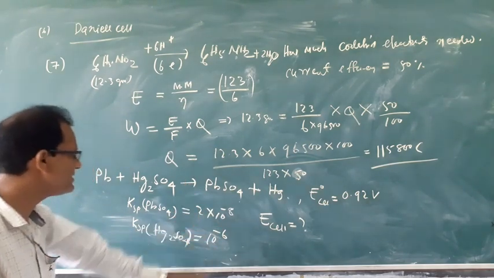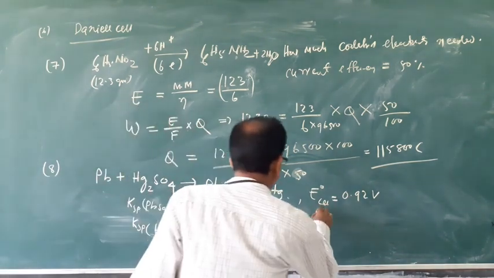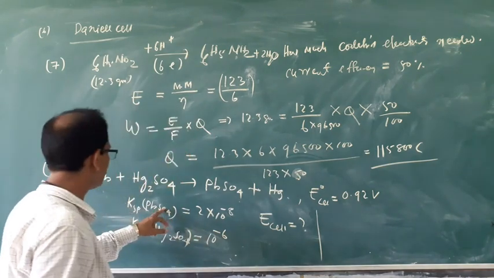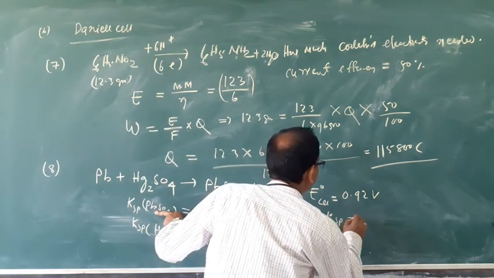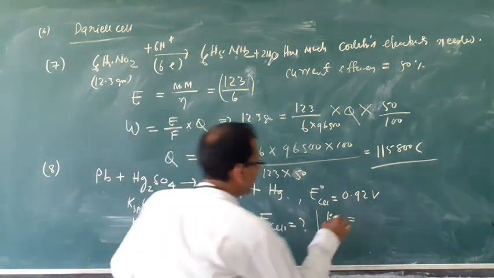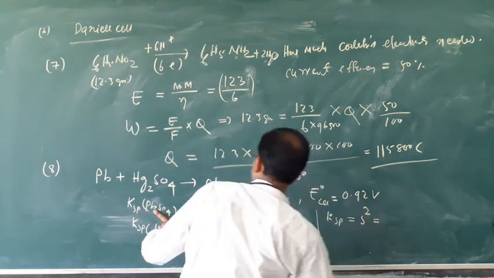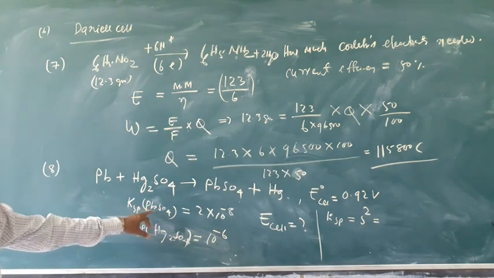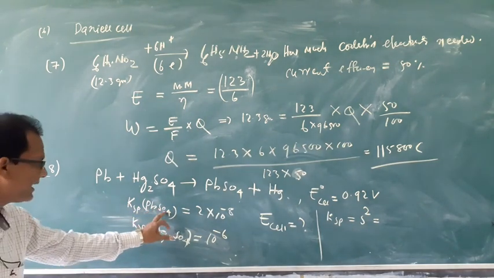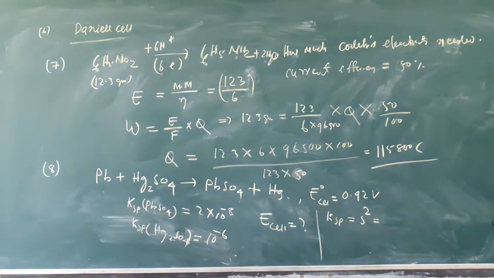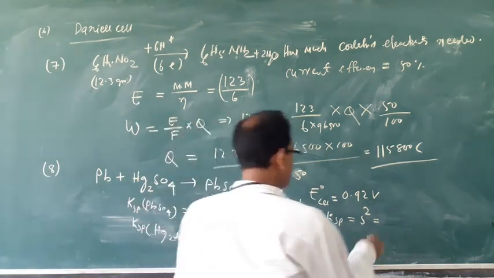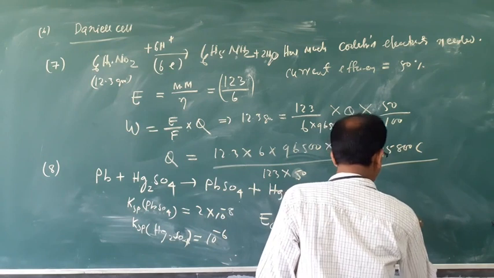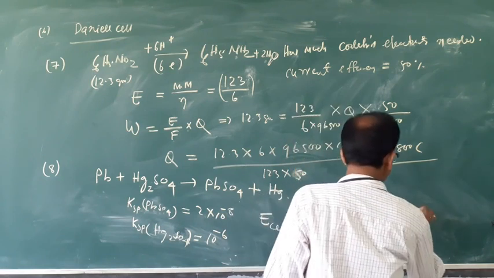As KSP is given, KSP of lead sulfate will be S square. Why S square? Because Pb2 plus and sulfate 2 minus are S and S, that is S square. S square is equal to 2 into 10 to the power minus 8.